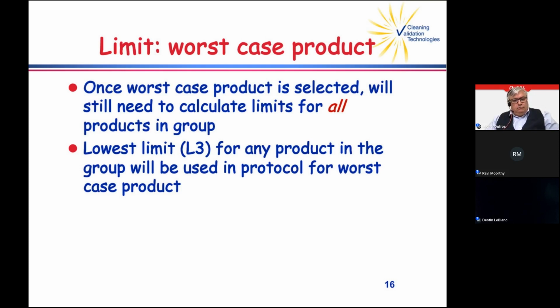That's going to be used for the protocol in the worst case product, because this gives us an assurance that if we can meet the lowest limit on the most difficult to clean product, then we've covered and we will meet limits for all products in the group.